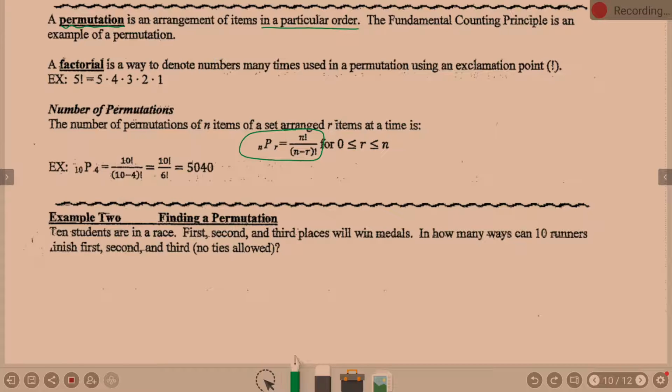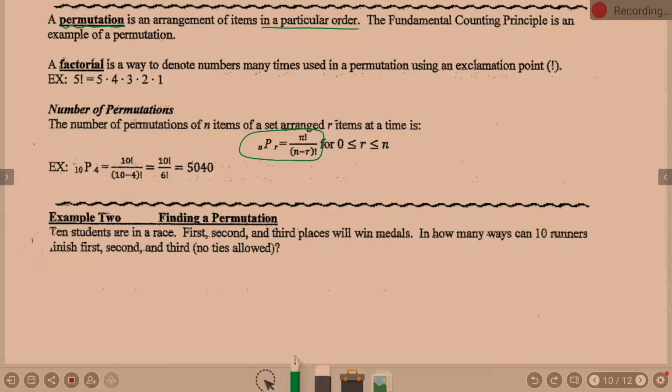This formatting right here: the number of items, n items arranged r items at a time. You'll notice this is nPr right here. When I was demonstrating factorial on my calculator, did you see that nPr there? I said, we're going to use that in a moment. We'll be able to use that and talk about it. But we're also going to talk about how to do it by hand.